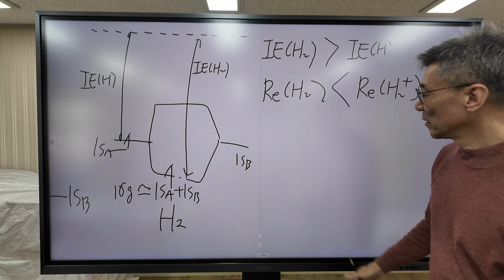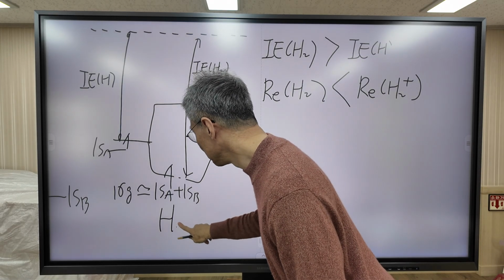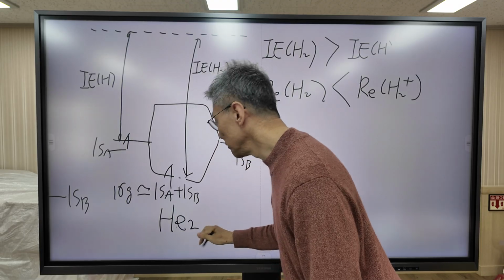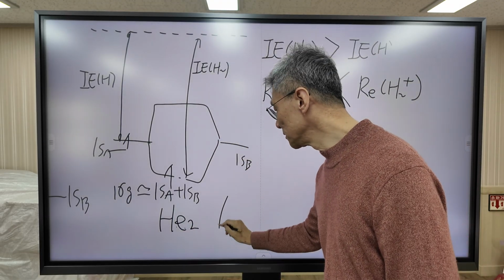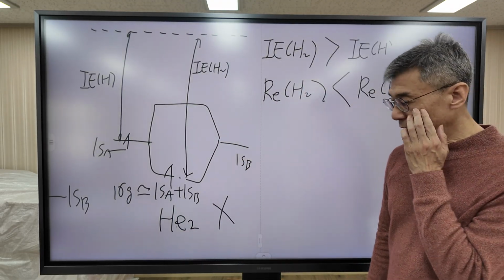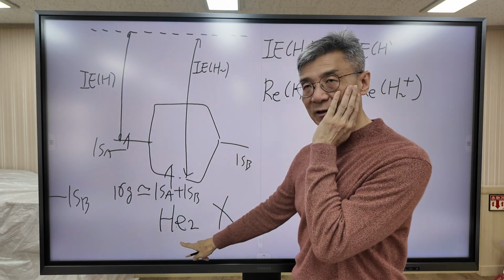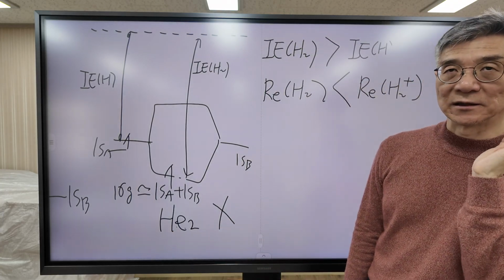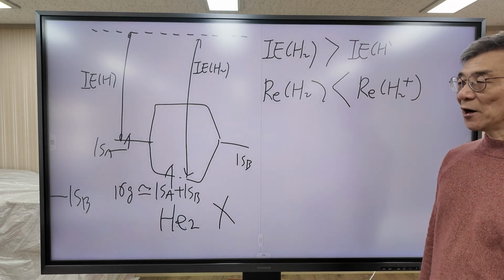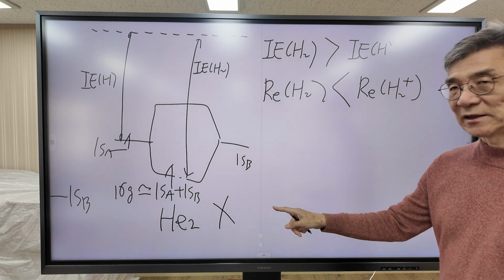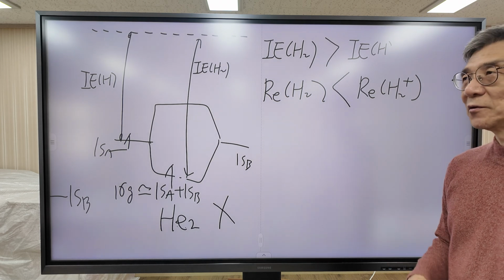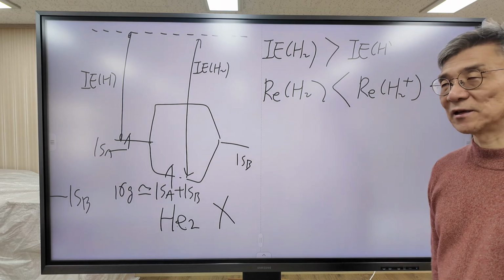Now, the helium dimer. You know, the helium dimer does not exist. Why? Helium is a noble gas. We know that. Then how do you prove theoretically that the helium dimer does not exist?